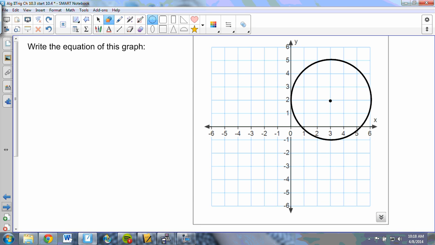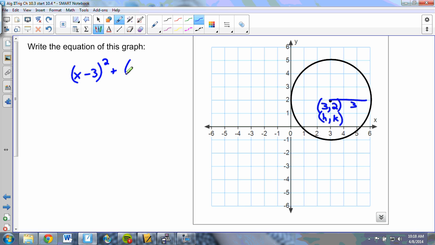We're going to write the equation of this graph. All we really need to know is the center and the radius. What is the center? That's my h and my k. What's the radius? 3. So I'm going to do x minus 3 squared plus y minus 2 squared equals 3 squared.